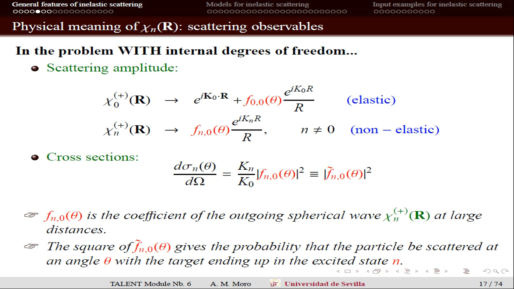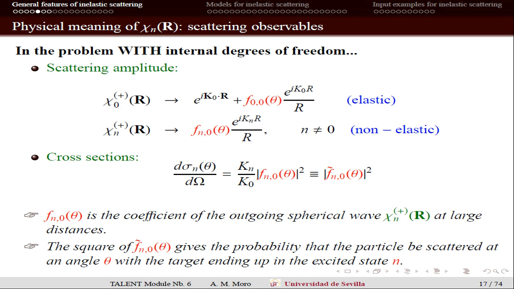So the interaction will produce these scattered waves in the state n. So we have to introduce another amplitude, fn0, and in our notation it means we start from the ground state 0, and we end up in an n different from 0, and this corresponds to inelastic scattering.